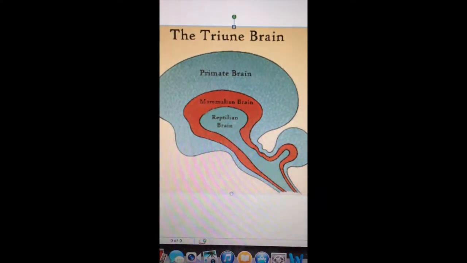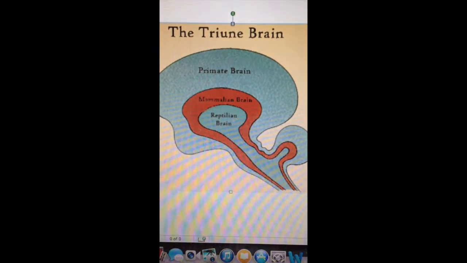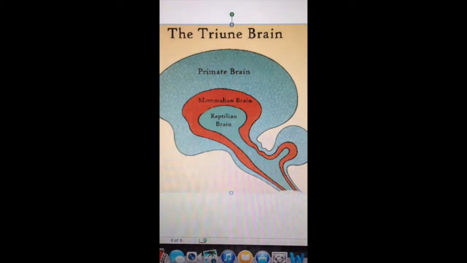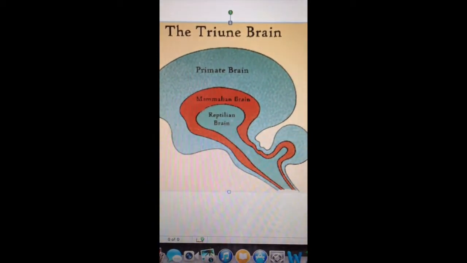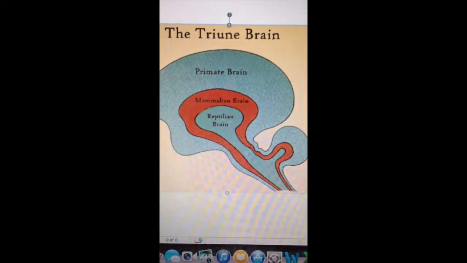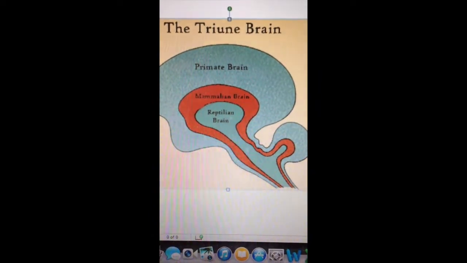To give you a visual image of the triune brain, here's a figure taken from last Wednesday's lecture, and it also appeared in the video from last week, 2.3. And again, you notice the 3 levels of function. And it's easy to imagine how the reptilian brain was first and then built around it a mammalian brain, and that then built around it a primate brain.